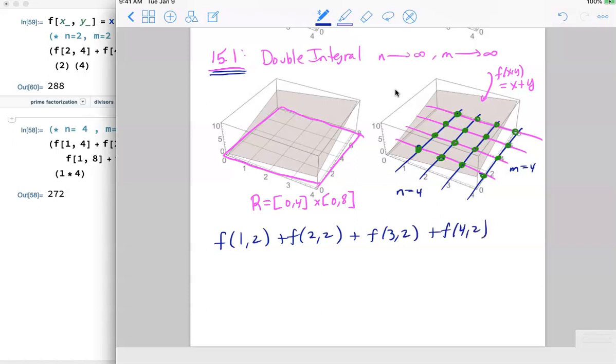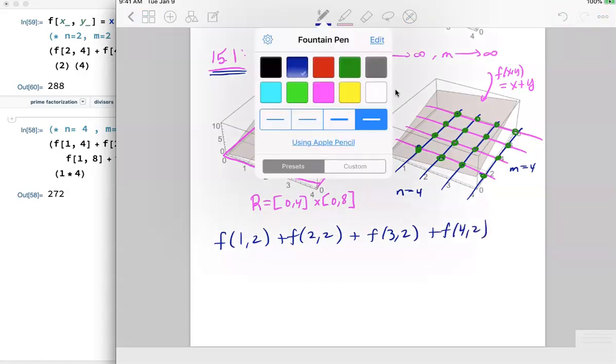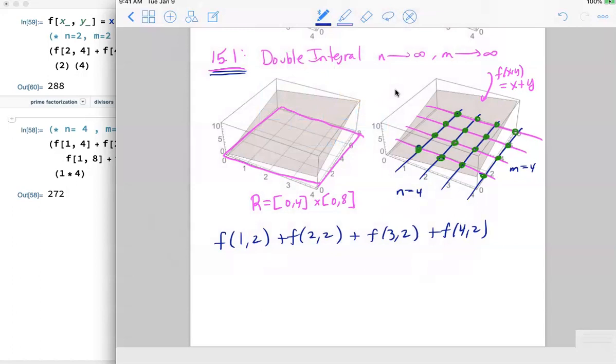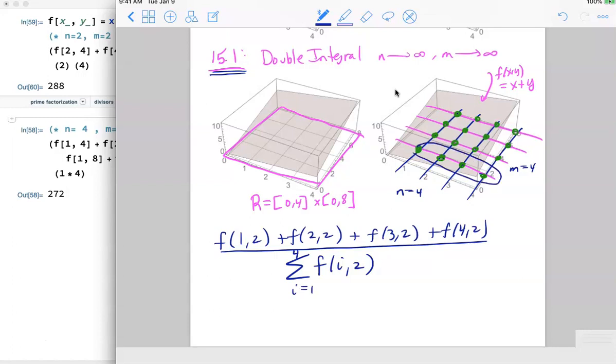Okay? And then the pattern continues, right? So this line here could be written as the summation i going from 1 to 4 of the function evaluated at i, comma 2, right? So that would give us this first row of function values, okay?